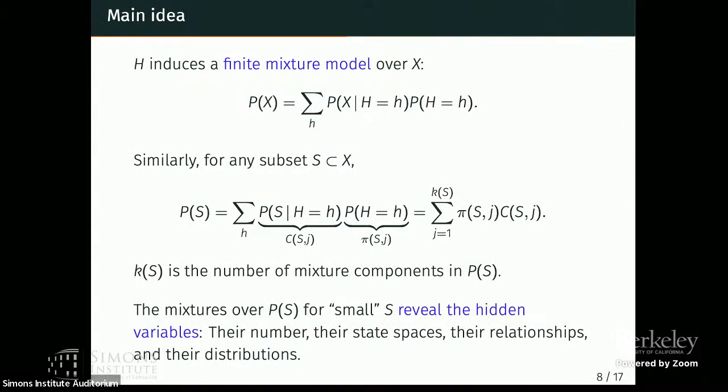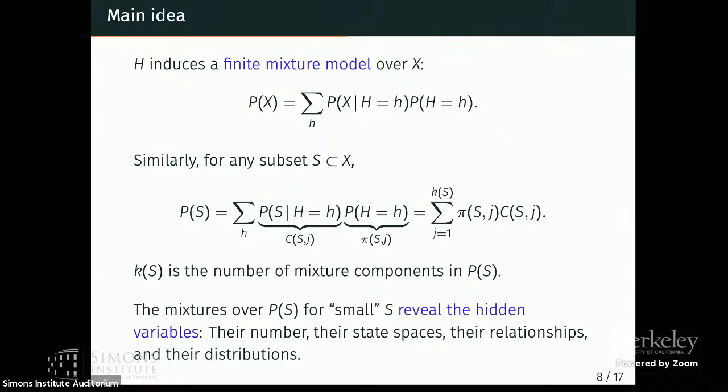All right, so how does this work? So the key fact here is why I need to assume that H is discrete. If H is discrete, then it induces a finite mixture model over the observables, like you see here. So here I'm summing over all of the different multi-dimensional states of H, and I get a mixture model over X. If I take any subset S, this is some important notation I'm going to use in the sequel.